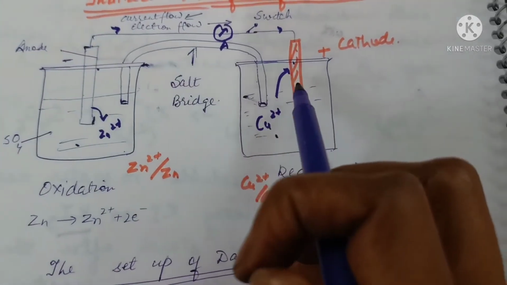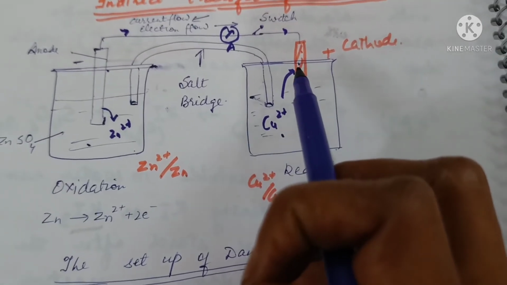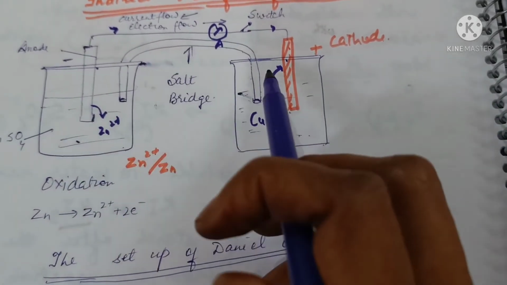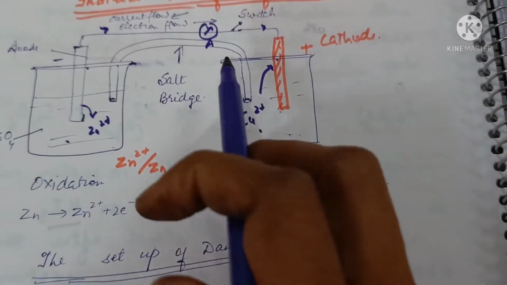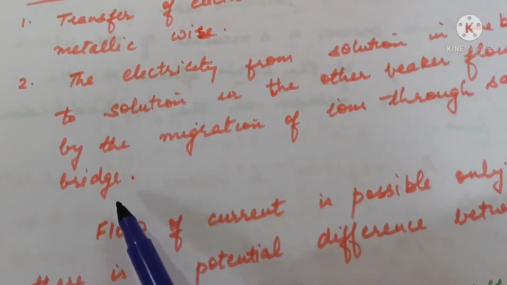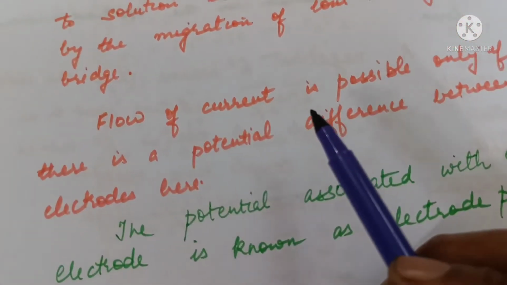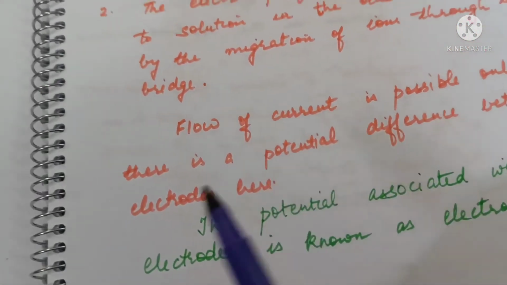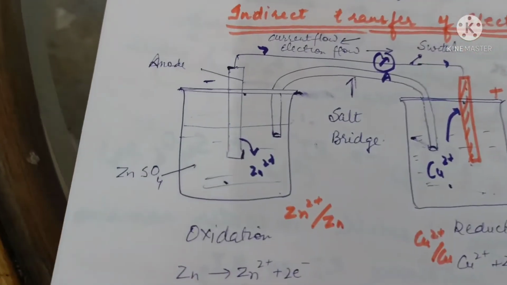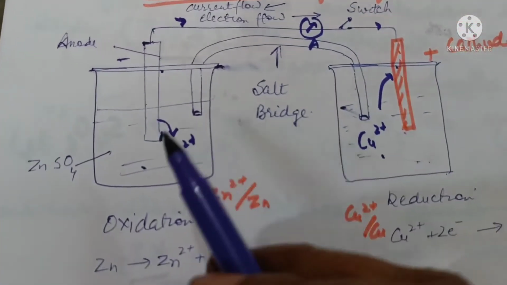So outwardly electrons make the flow of electric current responsibly, but internal circuit is because of the migration of ions through the salt bridge. And flow of current is possible only if there is a potential difference between the electrodes here.